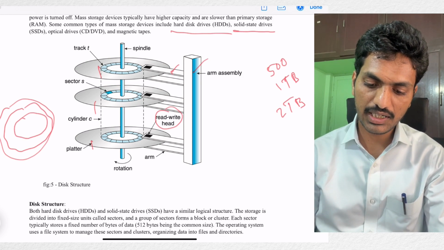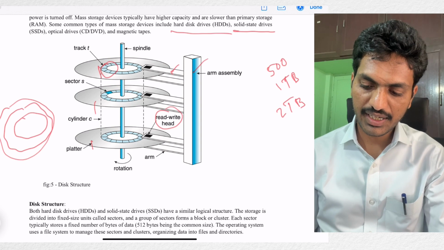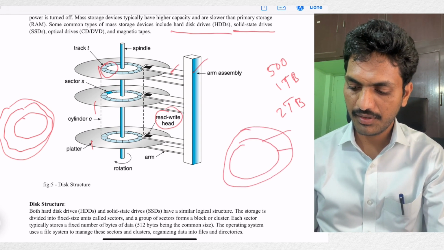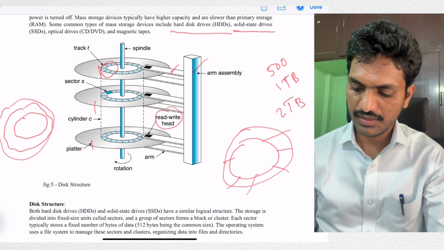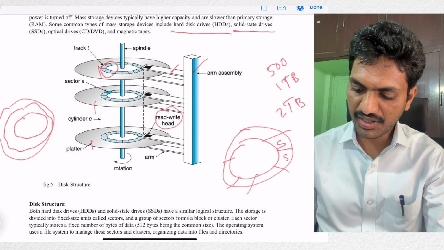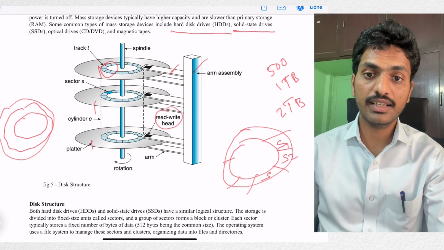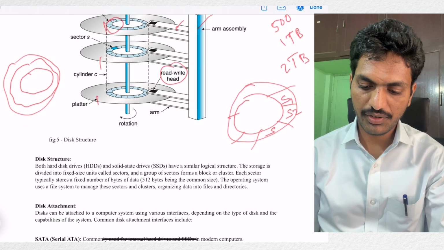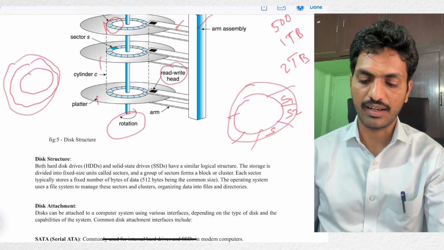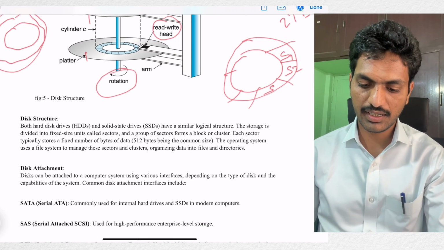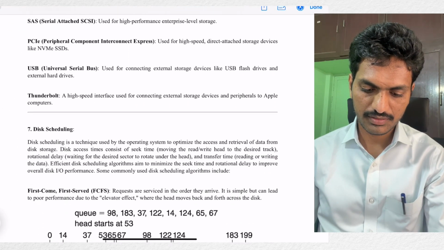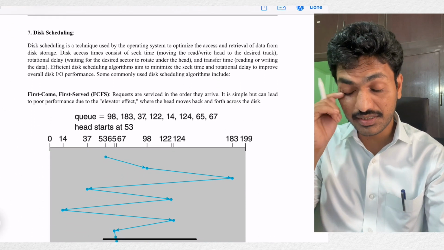These circles are called tracks. And each track is divided into sectors. I am writing S, right? These are the sectors. We rotate this spindle for data read and write. Next, disk scheduling.